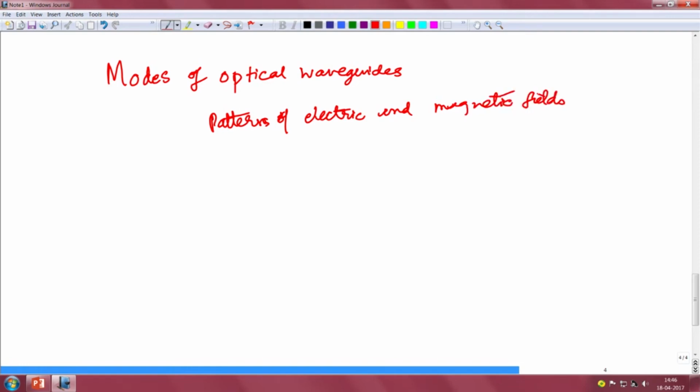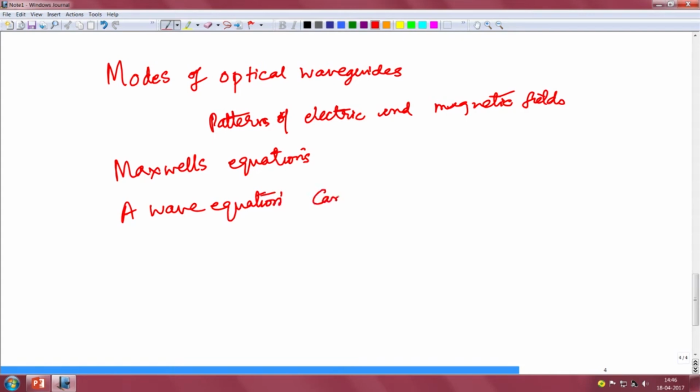We know the light is an electromagnetic wave and has electric and magnetic fields which are governed by Maxwell's equations. So, the propagation of light in optical waveguides is also governed by Maxwell's equations. We need not go into the Maxwell's equations right now, but we know that a wave equation can be derived from the Maxwell's equations.